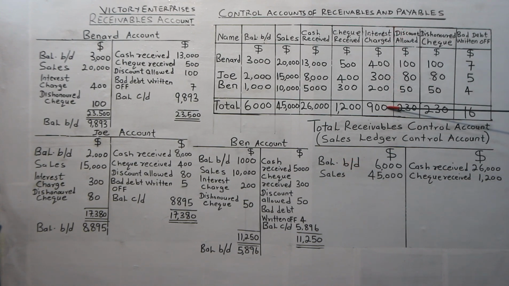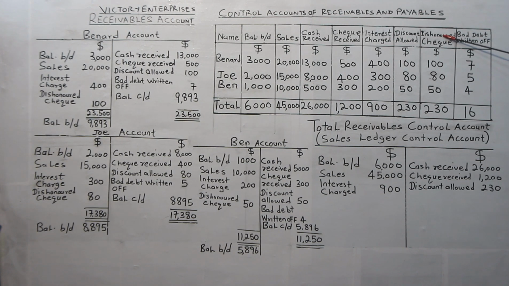So we bring this 900 to the debit side. So we have interest charge of 900 debited. The next thing we have here is discount allowed. When discounts are allowed on receivables, it decreases the amount they are owing and has to be credited. So the total discount allowed is $230. So we credit it to this account.